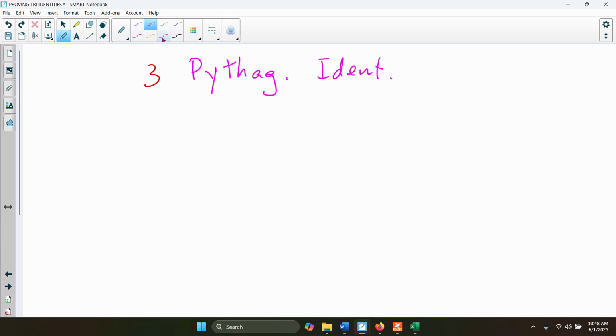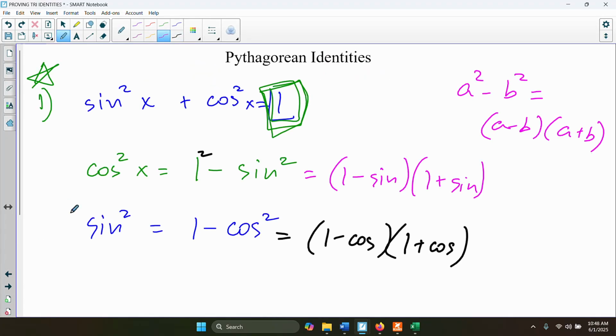Okay. So it really starts off with number one, the one I actually introduced in the previous slide, this thing right here. I'm not going to develop now where it came from. This really has to do with the unit circle, which, from a previous video, is a lesson in itself, or more than one lesson, I should say.